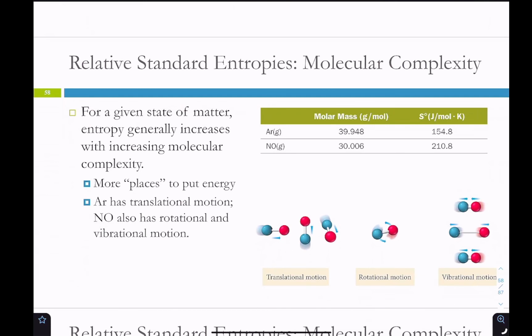And so if you add another bond on there, now that can stretch in a different direction, and it can also vibrate back and forth. And as you add more and more things, there are more unique ways that it can vibrate. And those are a pretty large increase in entropy just by increasing complexity.